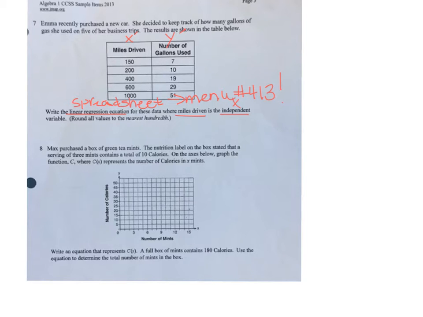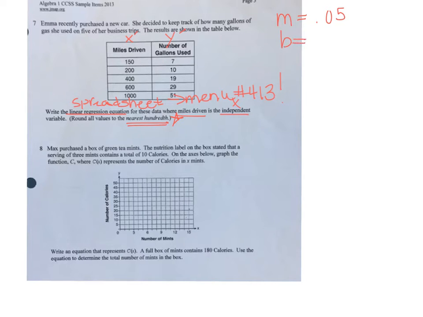And when you hit OK, you're going to come up with some variables. Okay, so my slope, m, is equal to 0.05. I have to round to the hundredths spot. You have to make sure you do that, so pay attention to that.